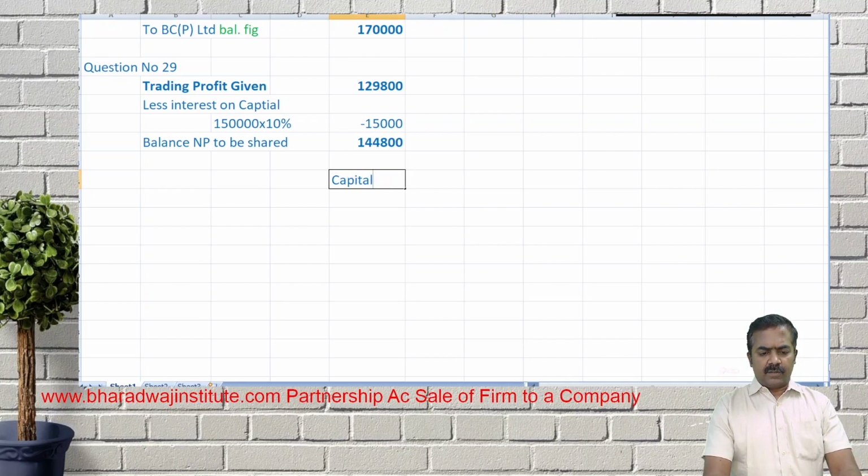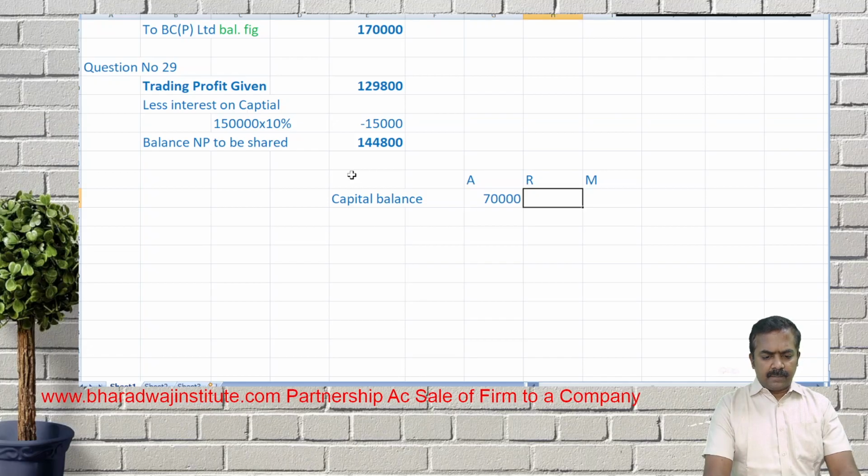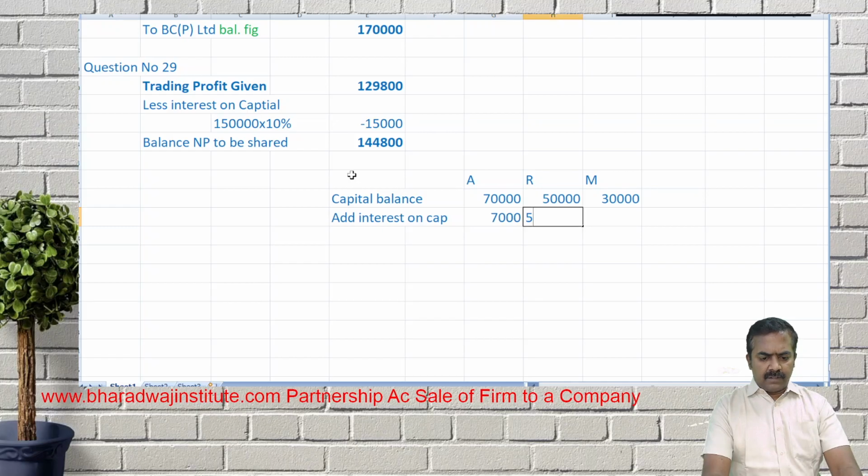Capital balance. Okay, who are the partners? ARM. What is the capital balance given? Account down போடலாம் இல்ல statement down காட்டலாம். 70,000, 50,000, 30,000. Add interest on capital. Interest on capital எவ்வளவு? 10% na 7,000, 5,000, 3,000.